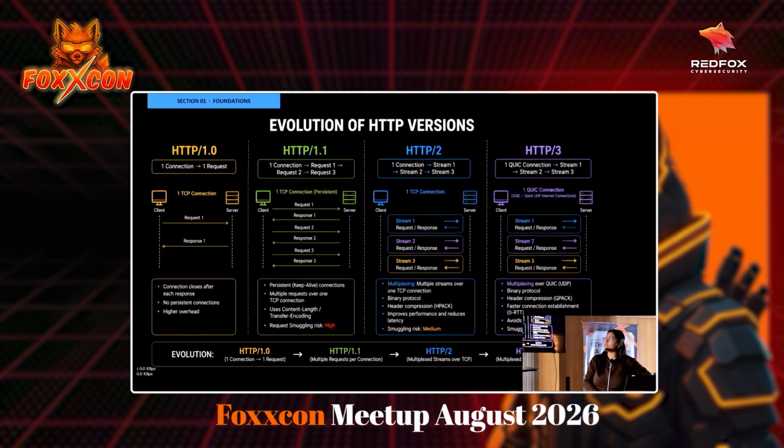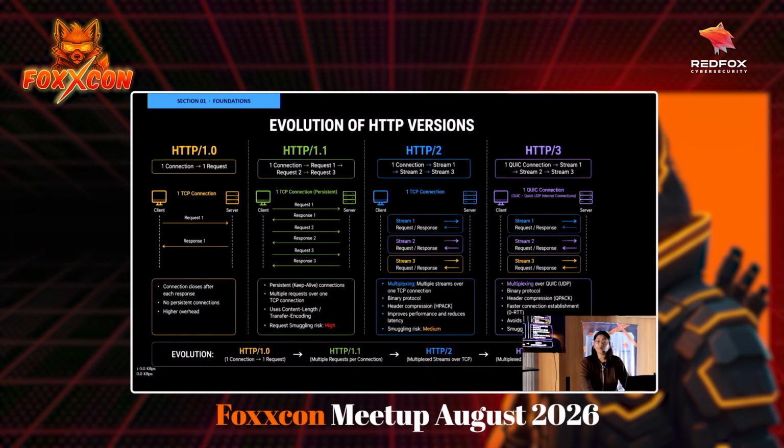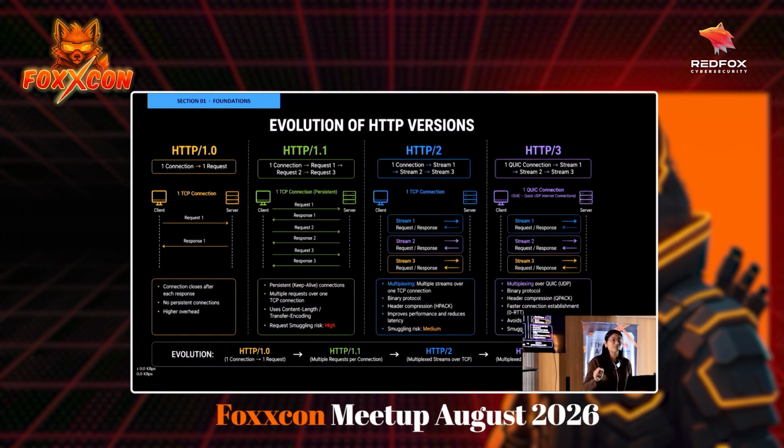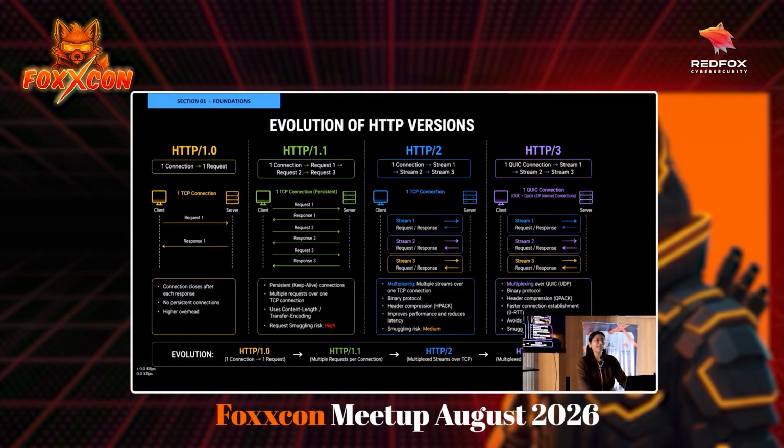What is the drawback of it? For every request, you have to initiate the connection. In HTTP 1.0, for each get, for each post, for each delete, for each and every part, you have to initiate a TCP connection.